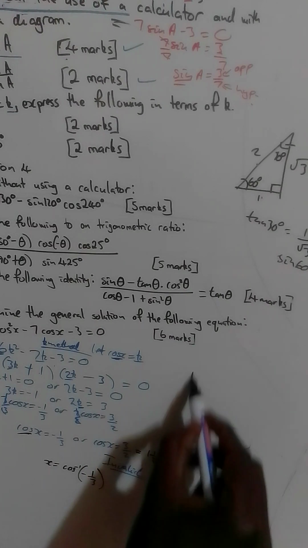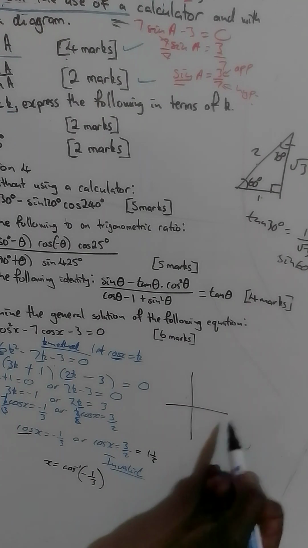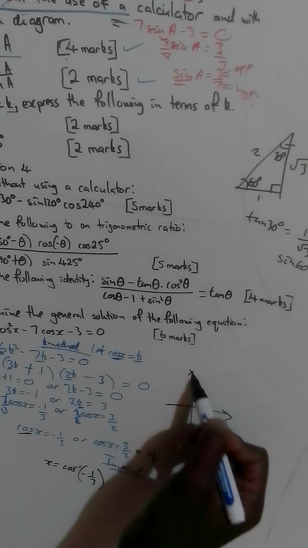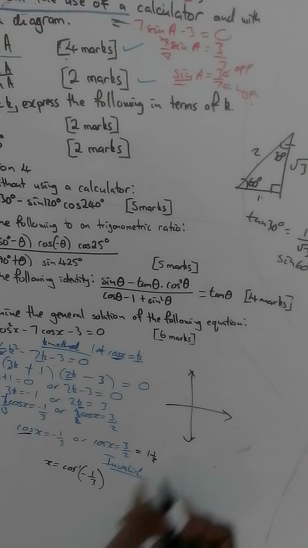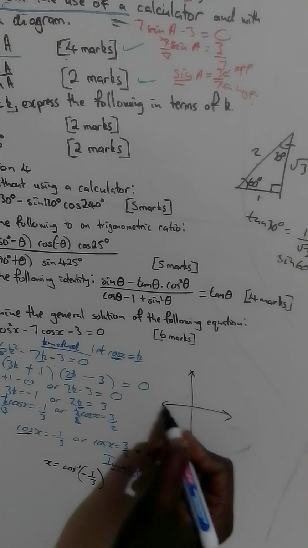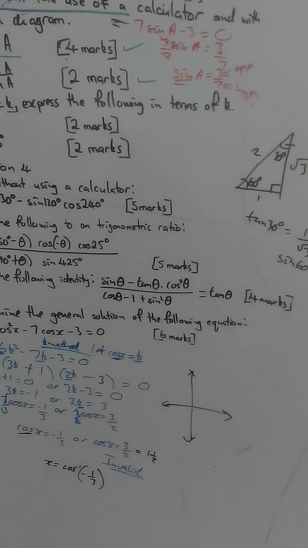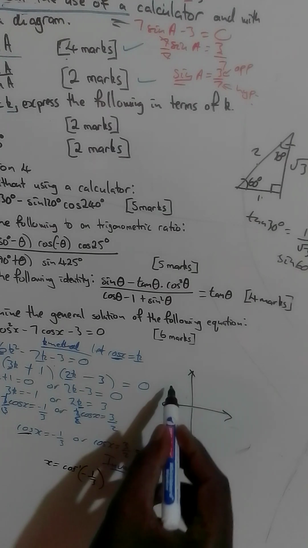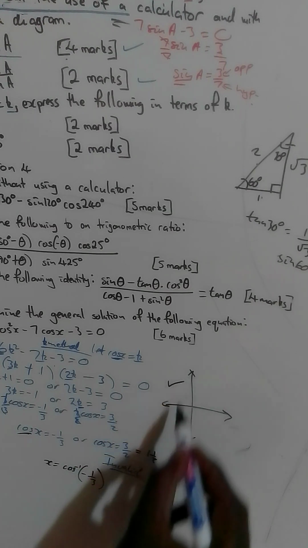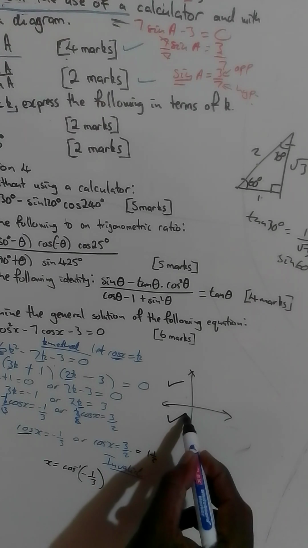So what are we going to do? Let's go back to the Cartesian plane. We are now here. Now, what's going to happen? We have got this particular Cartesian plane, and what's happening is the fact that where do we find a negative cos? We find a negative cos in quadrant number 2 and quadrant number 3.